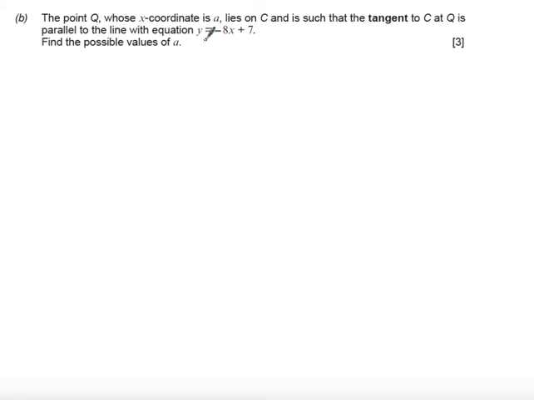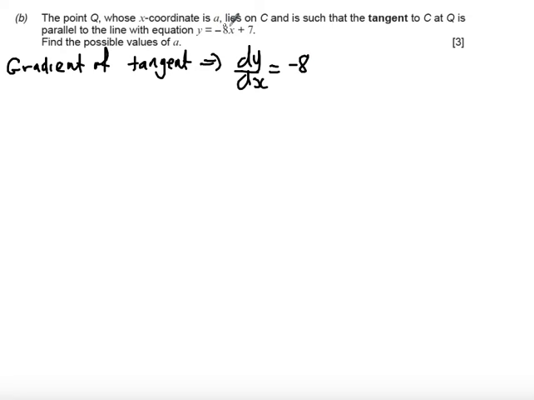Now, if the tangent is parallel to y equals minus 8x plus 7, the gradient of the tangent must be equal to the gradient of this line here. And the gradient of that line is minus 8. So you can either differentiate it or you can just look at the coefficient because it's a line. So now what I know is the gradient of our tangent is minus 8.